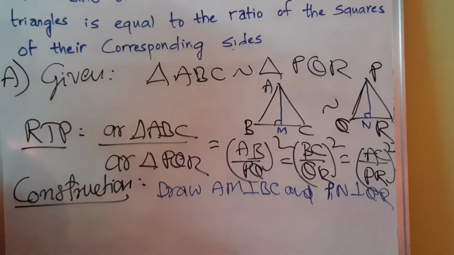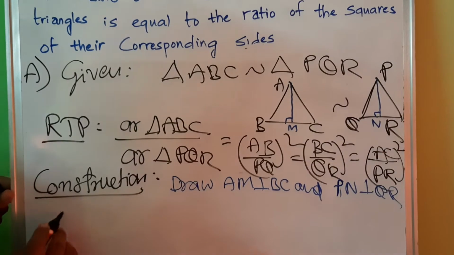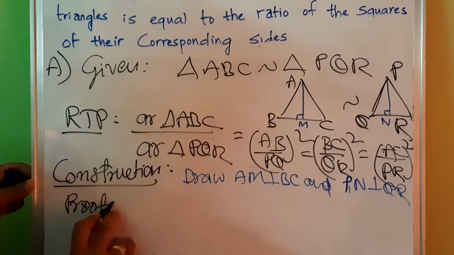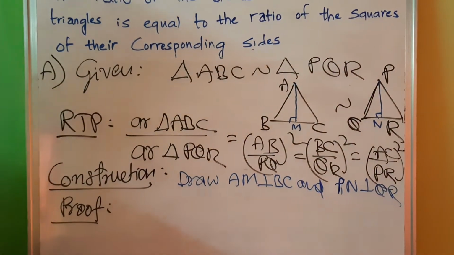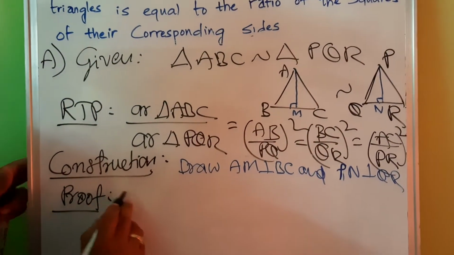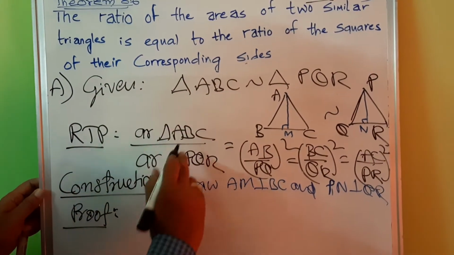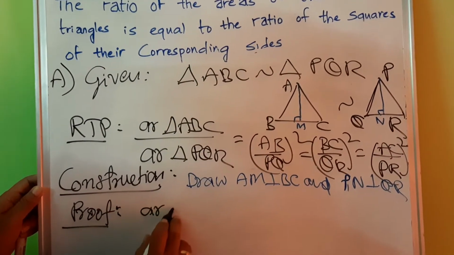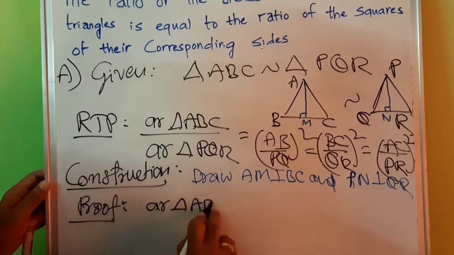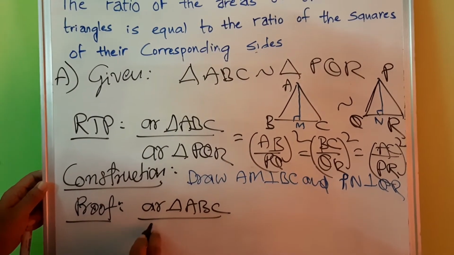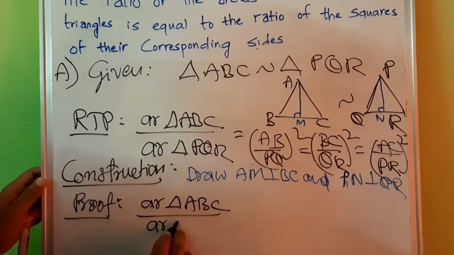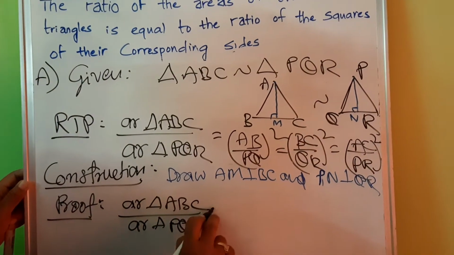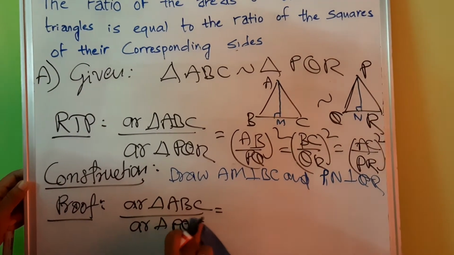Next, prove. How to prove? This is the proof. Take the LHS, area of triangle ABC by area of triangle PQR.